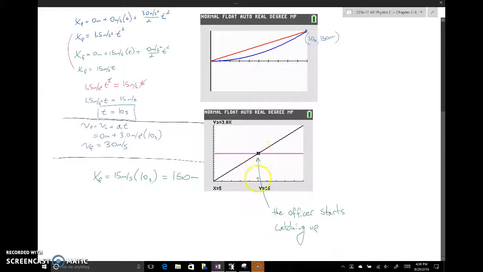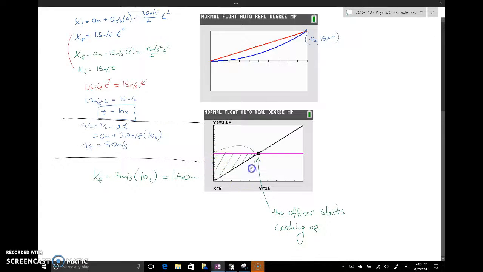However, at time t equals 5 seconds, the officer is now traveling the same speed as the motorist and eventually faster. So this is where we're closing the gap. We're starting to catch up. And look at what happens here. Remember that the area in a velocity time graph is displacement.